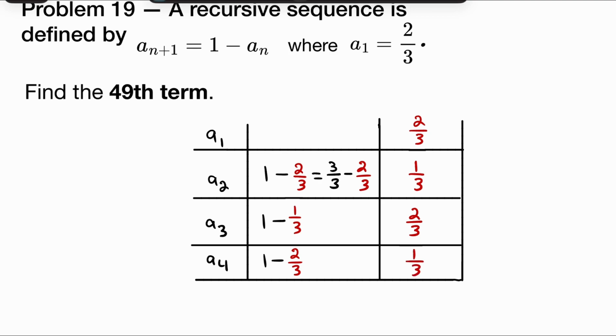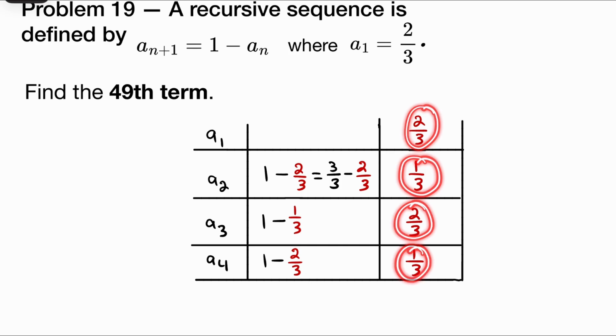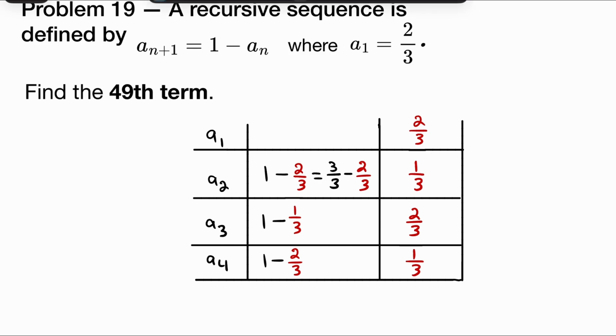Hopefully you were spotting this pattern as we were going through this. You can see that we have 2/3, 1/3, 2/3, 1/3. So they're alternating, right? I also want to point out that the odd numbered terms have the same value of 2/3.